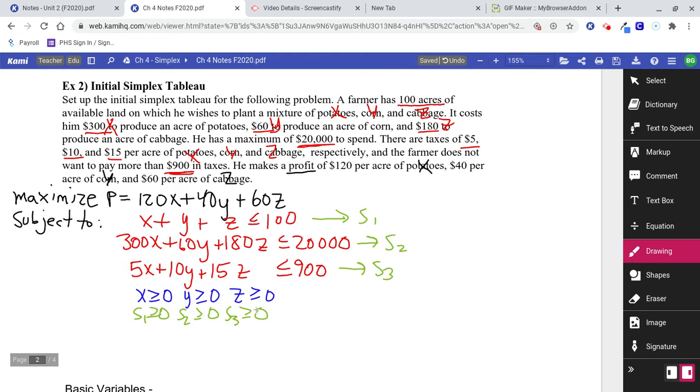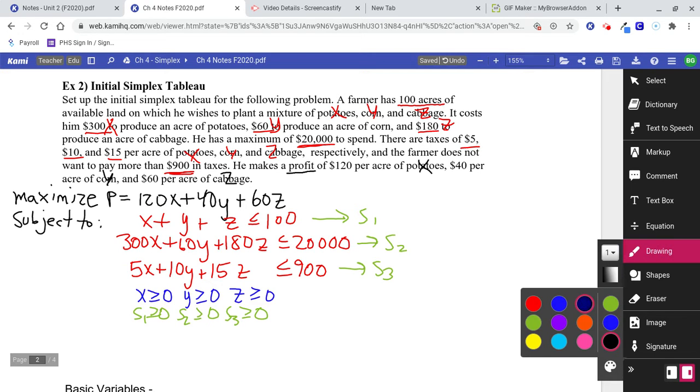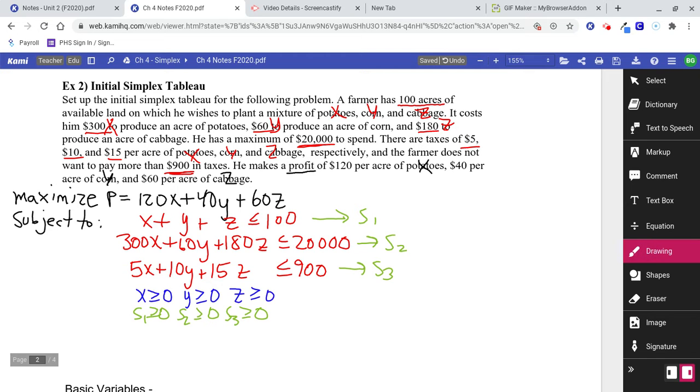But that's not super important for what we're trying to do here, which is make that initial Simplex Tableau. So look at your variables. You should see 7 of them. Let's list them out: X, Y, Z, S1, S2, S3, and, actually, we didn't call it Z, did we? We called it P, for profit.